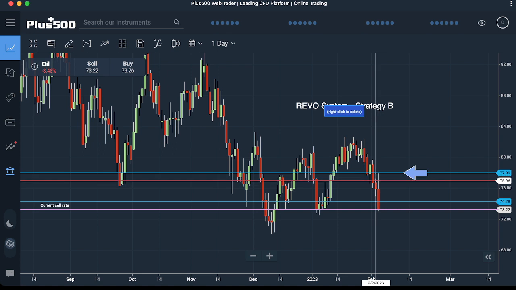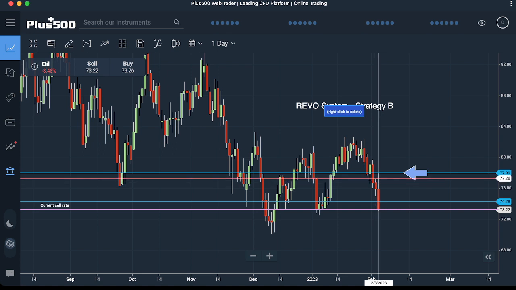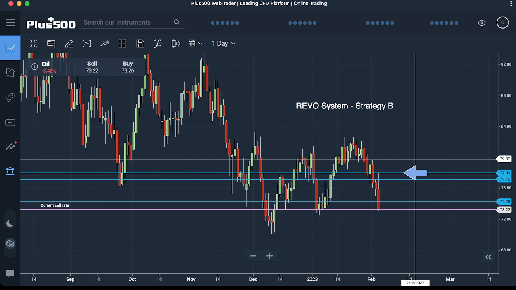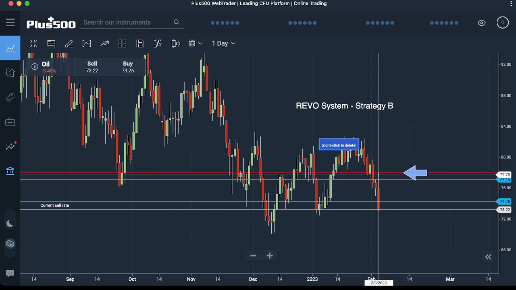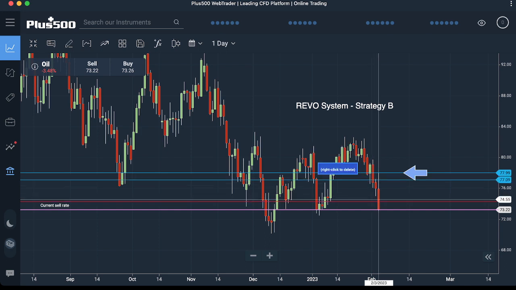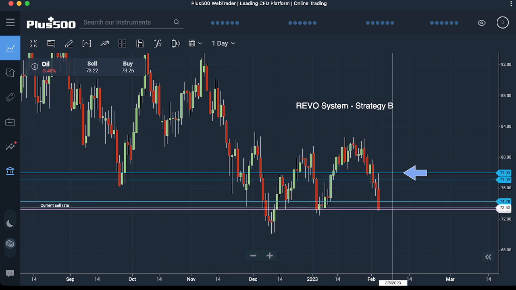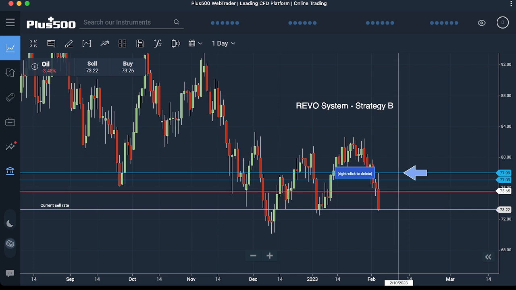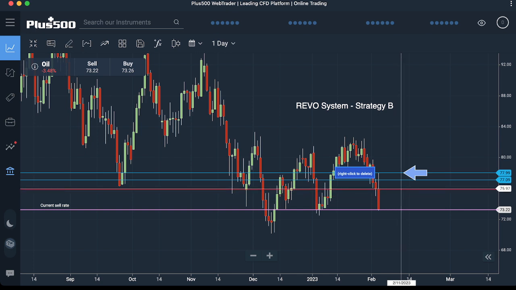So the reason we are specifying these levels before finding the setup is that we want to concentrate on these levels as points of interest and wait for the reaction to these levels. And finally, the last one is going to be this bullish order block.